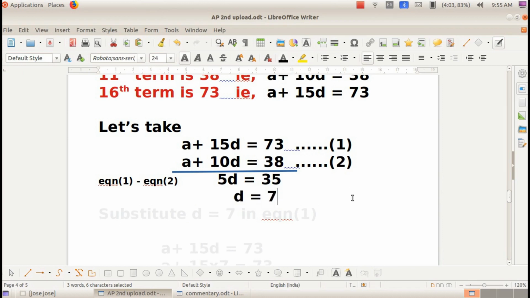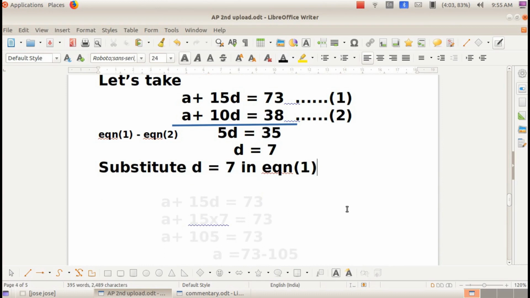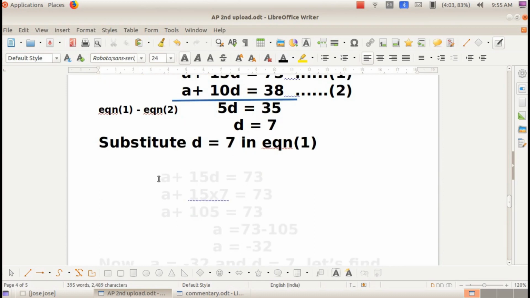Now we got the value of d. After getting the value of d, we can substitute it in either equation number 1 or equation number 2. If you substitute the value of d in equation 1 or equation 2, you will get the same value for a. Now I am going to substitute the value of d in the first equation, a plus 15d equals 73.